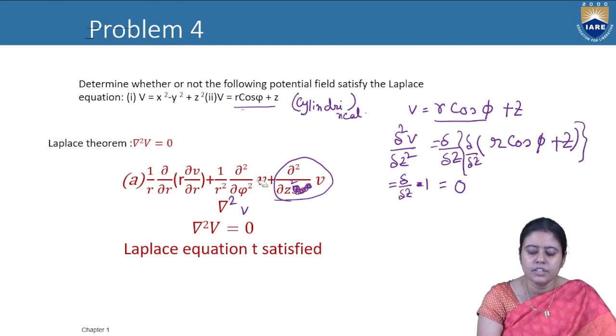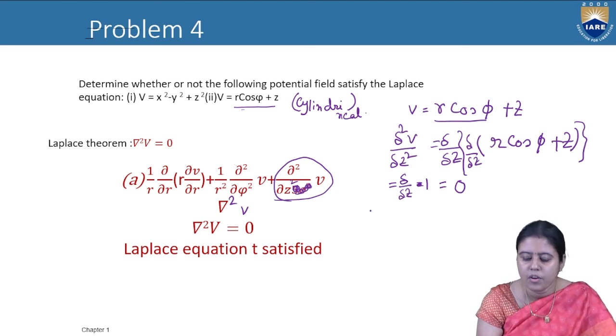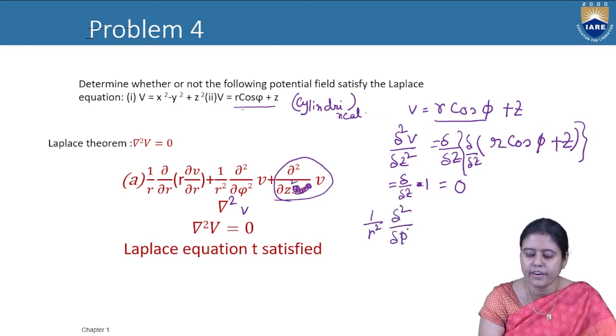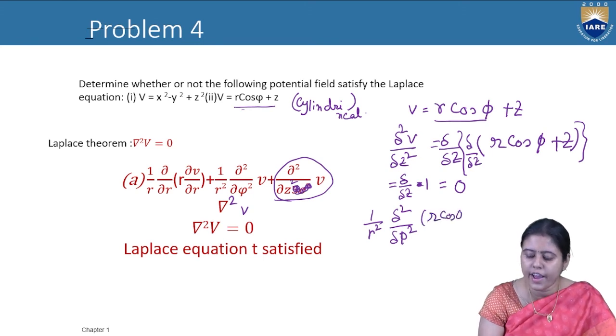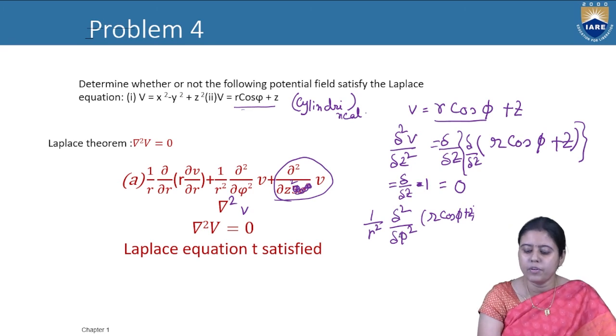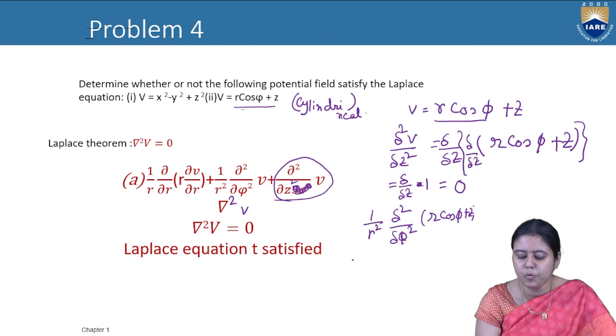Next we will differentiate the next term. Okay, what is the next term? 1 by r square del square by del phi square of r cos phi plus z. So we can see here z is constant, so z we can remove.